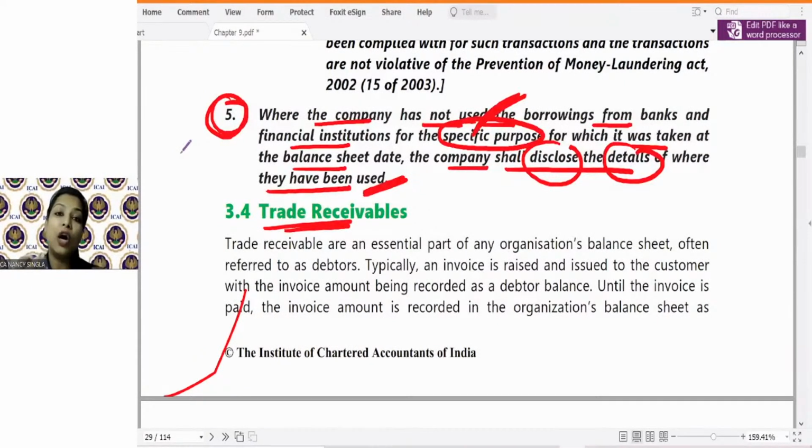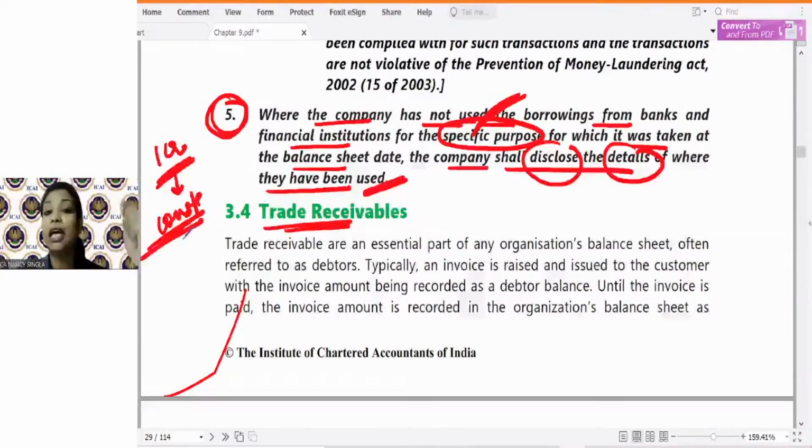The company is now required by the amended Schedule 3 to disclose by itself to give as additional regulatory information that the borrowings, the purpose for which the company has taken the borrowings, the company has not utilized that borrowing for that purpose. If any loan of 1 CR has been taken for, let's say, construction of some building, it has not been used for that purpose. Now the company is itself required to disclose it.